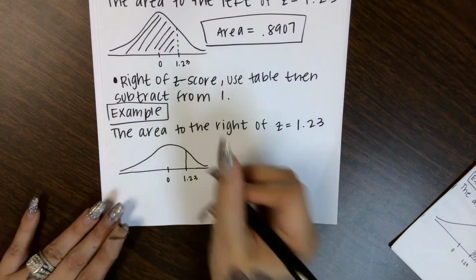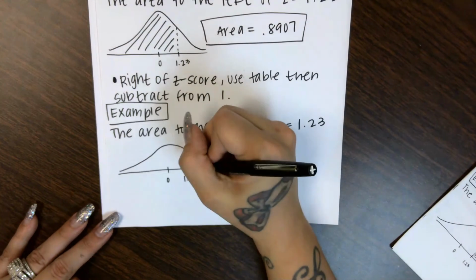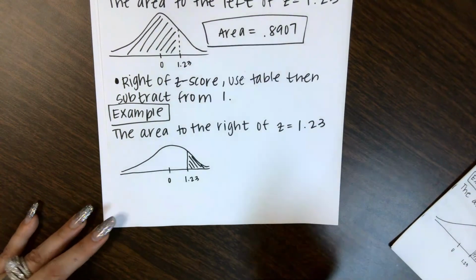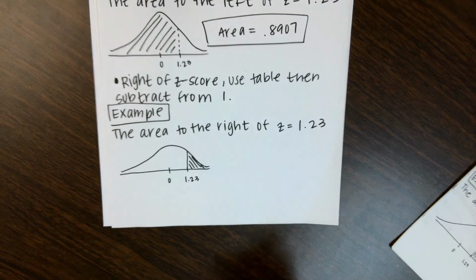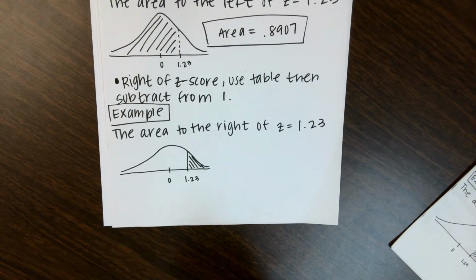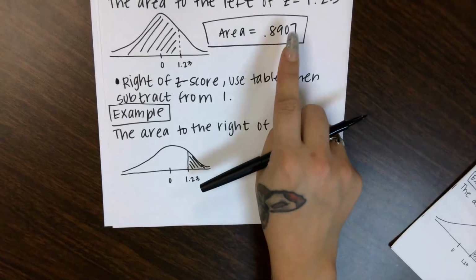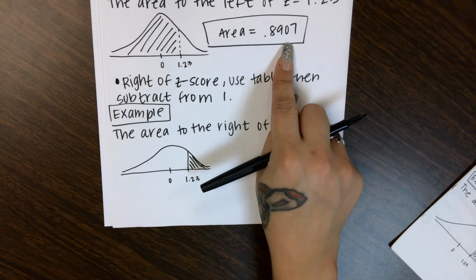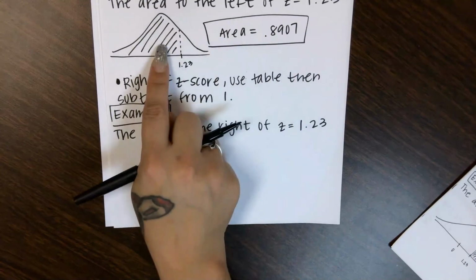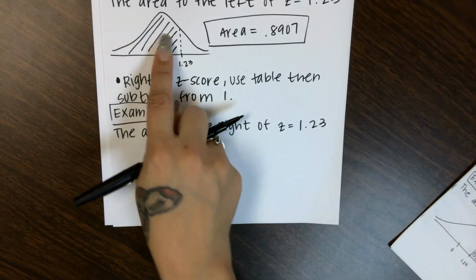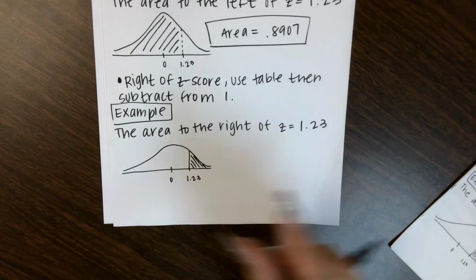Okay, so here I want the area to the right. So that's all of that right there. And the way that we figure this out, if we use the table it gives me at z equals 1.23, the 0.8907, right? But that is this much area. That's not this much area, which is why we have to do 1 minus, okay?